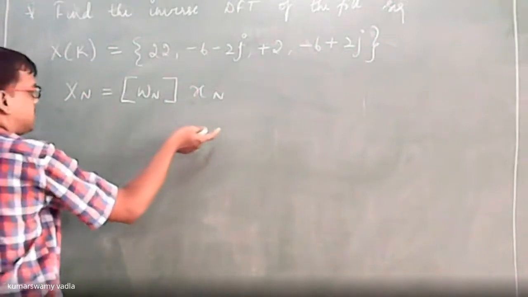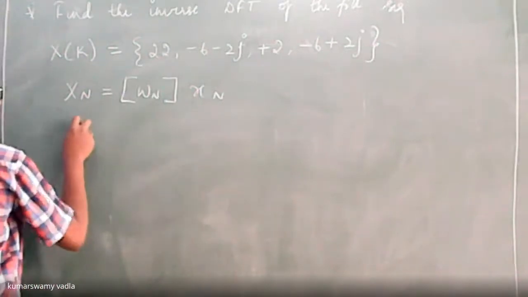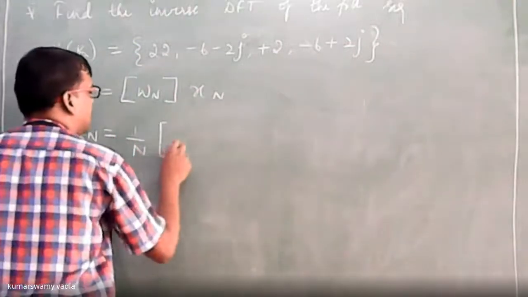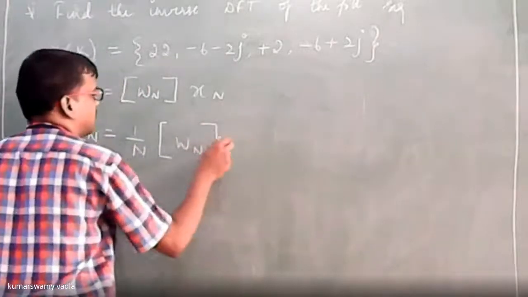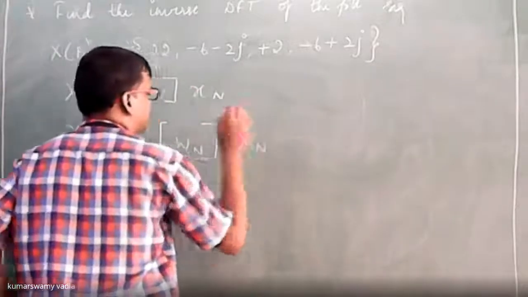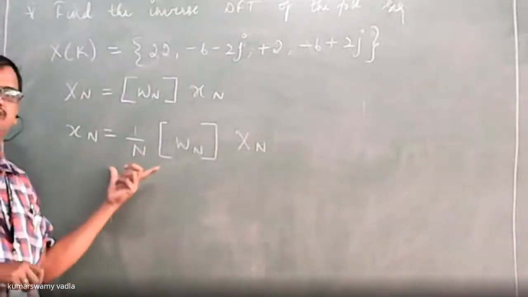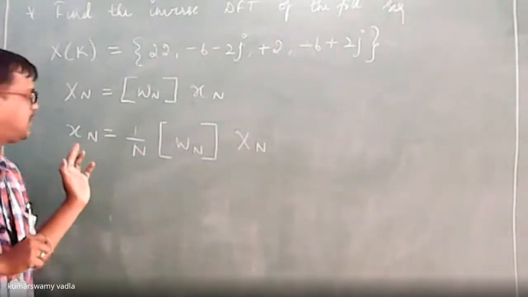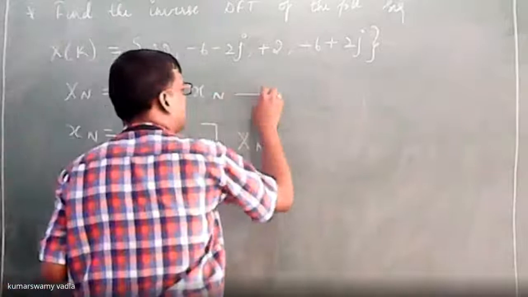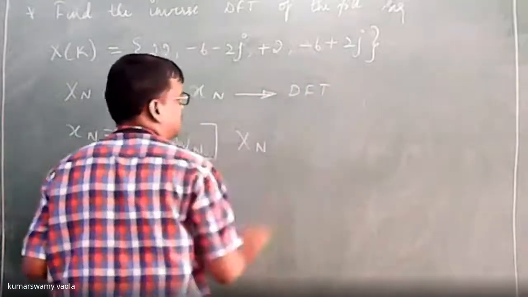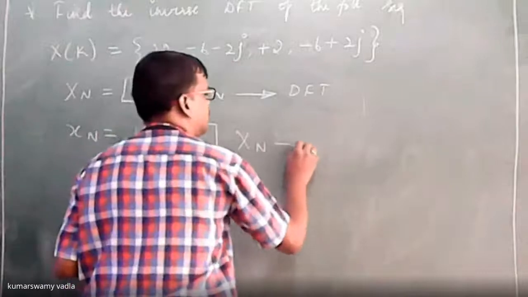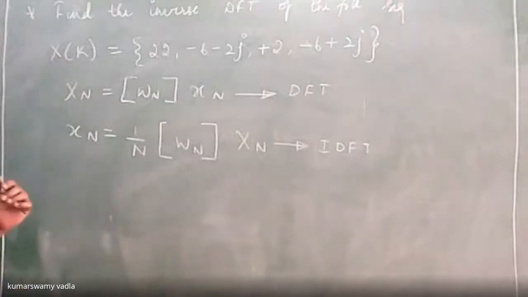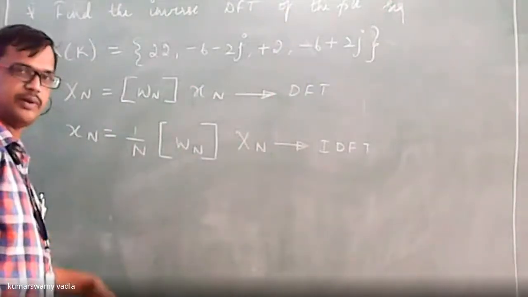Now the next case, the converse case, small x of n is equal to 1 by N times the twiddle factor times capital X of k. This is the expression used to solve this numerical. Is the point clear here, please? The first is meant for finding the DFT of the sequence, and this is used to find the inverse DFT of the given sequence. Is the point clear?